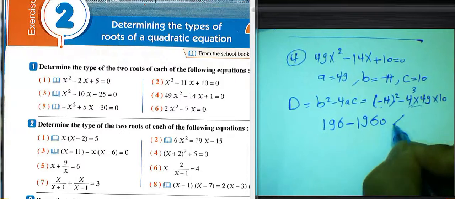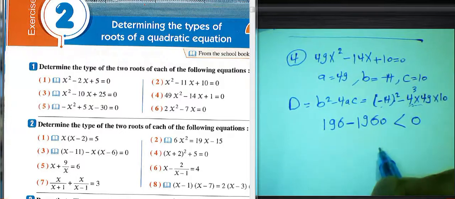The result will be a number less than 0.